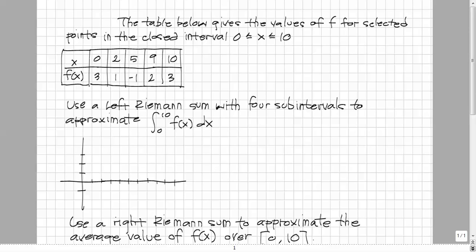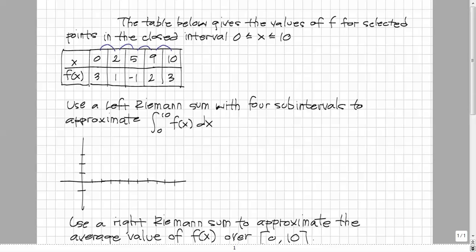In that case it's useful to look at the changes in the x values. We go from 0 to 2, from 2 to 5, from 5 to 9, and from 9 to 10. So this table indicates that we should use 4 subintervals, even if we're not told that explicitly.